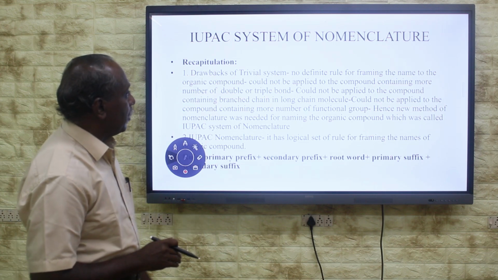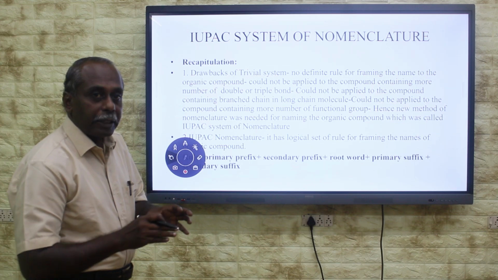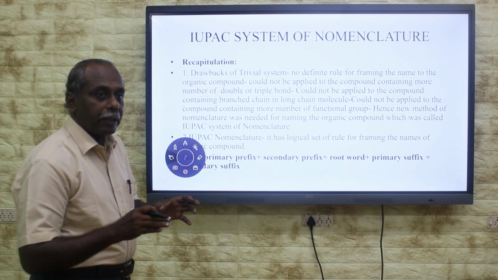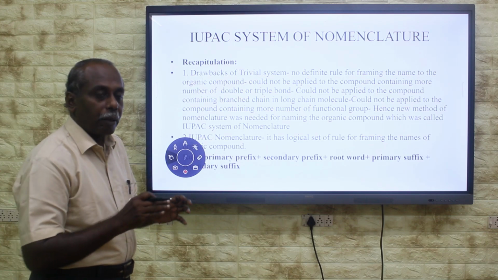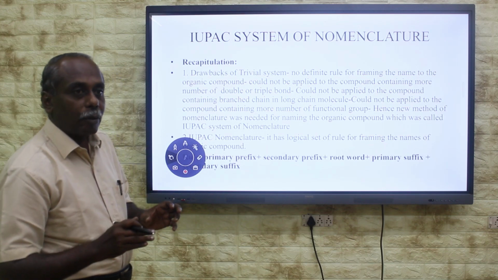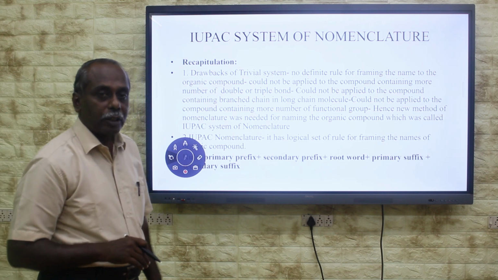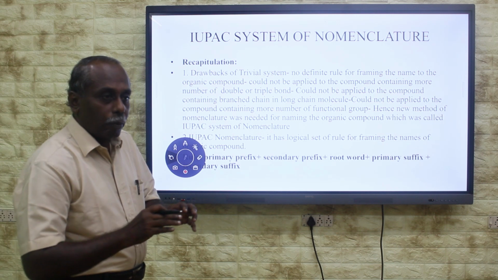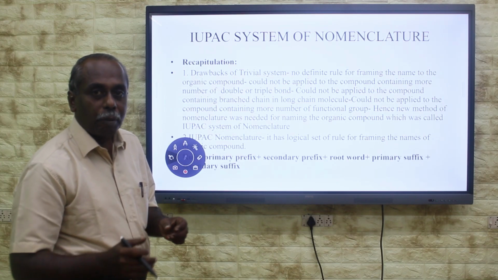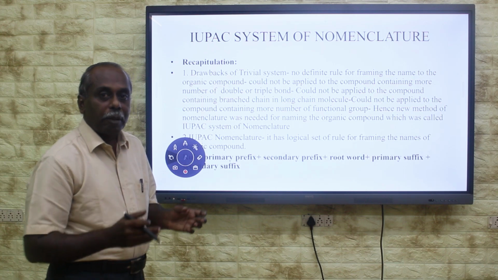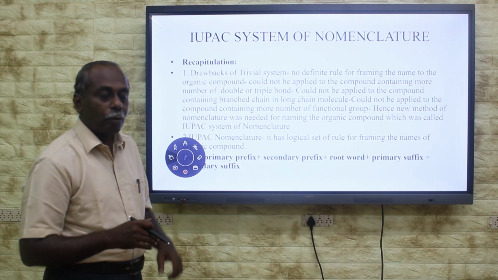Branched chain organic molecules could not be named with the help of the trivial system. Also, when two or more double bonds or triple bonds are present in the organic molecule, the trivial system could not be applied.